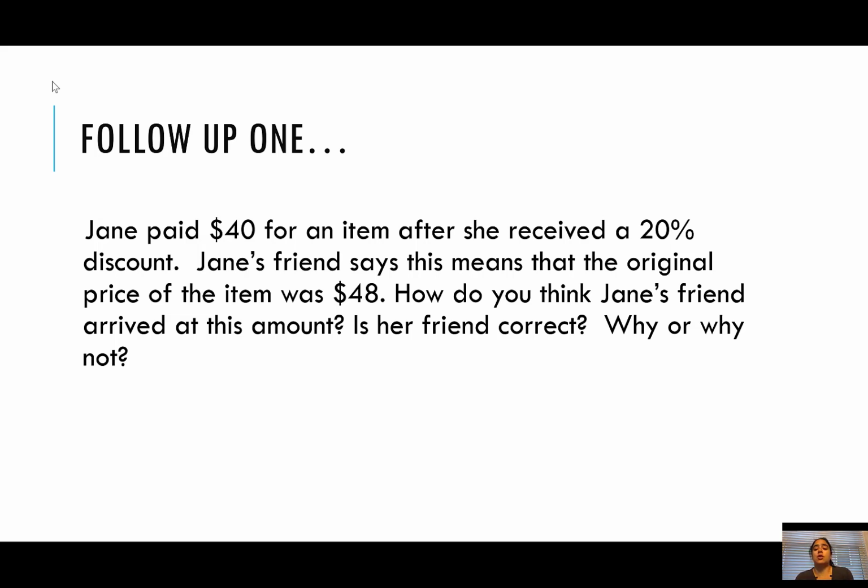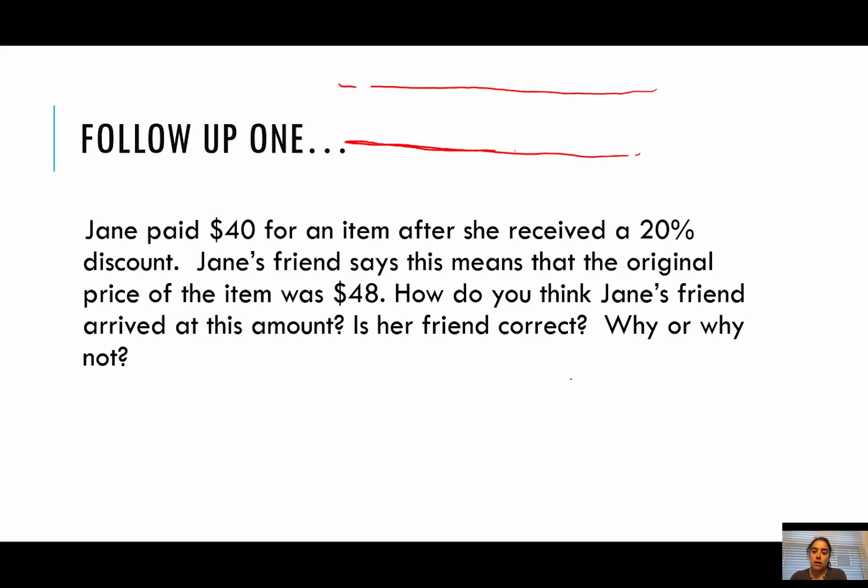So Jane got a 20% off discount, and she paid $40. If she got 20% off, that means $40 is 80% of the total item. I'm going to do this by drawing a double number line because I think it's easier to see it this way.